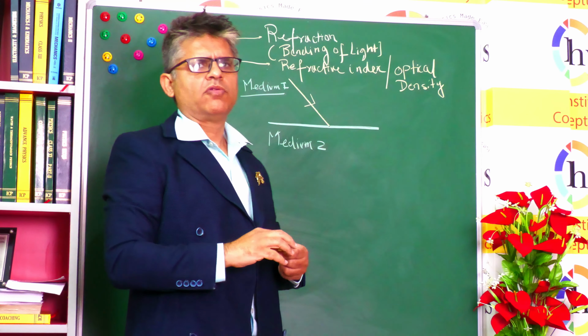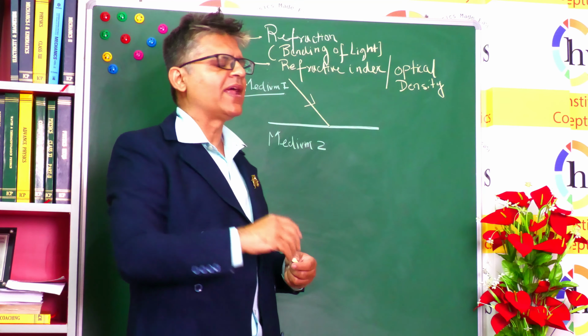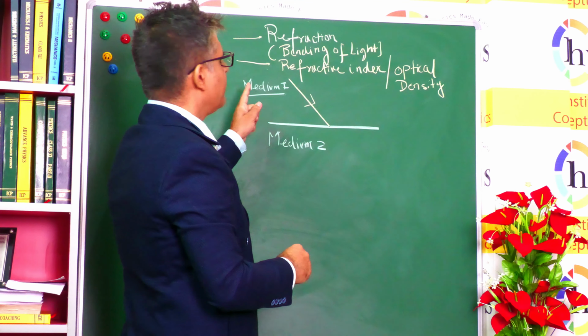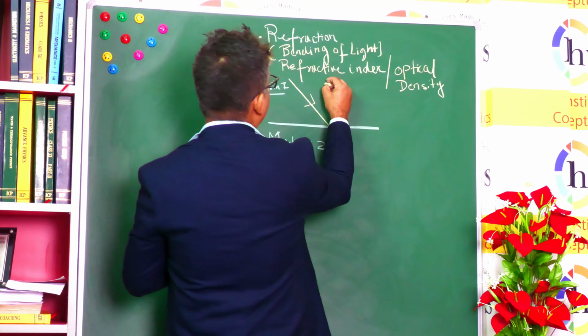And optical density has more to do with the speed of light. So what we're saying is, in medium 1, the speed of light is high. So we will say this medium is a high speed medium, and the speed of light is higher here.